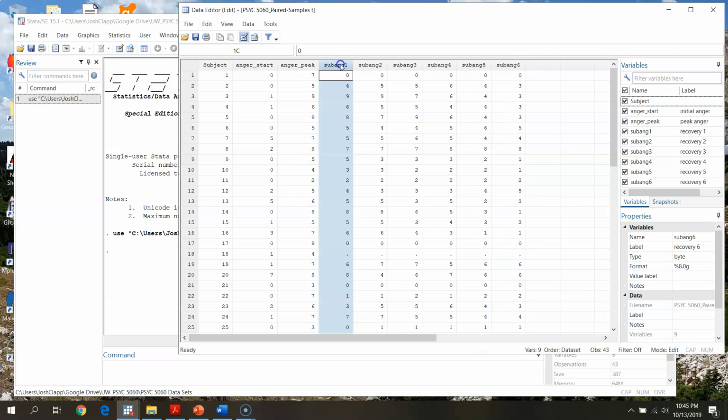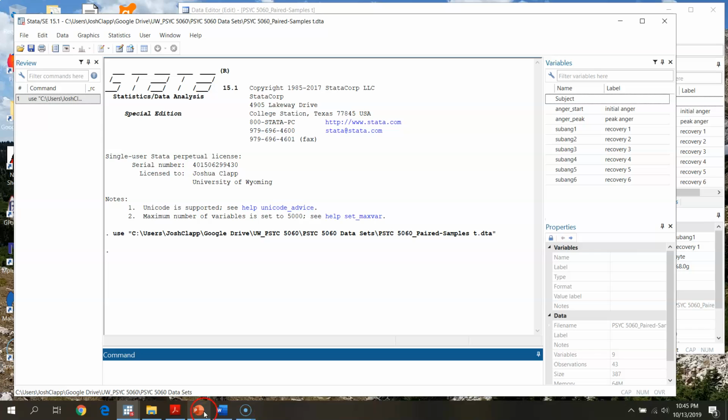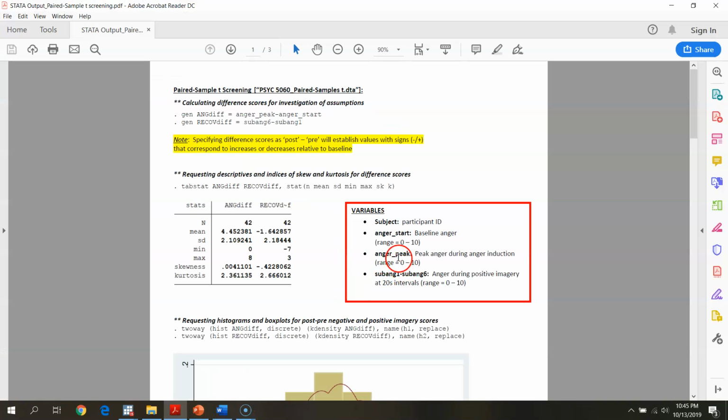We're just going to be interested in the initial and the final ratings of anger during that positive emotion. So what we're hoping to see here is an increase during the anger induction, and then a decrease during positive imagery. Okay, so again, if we take a look here, all of our anger ratings are 0 to 10 on a Likert type scale.